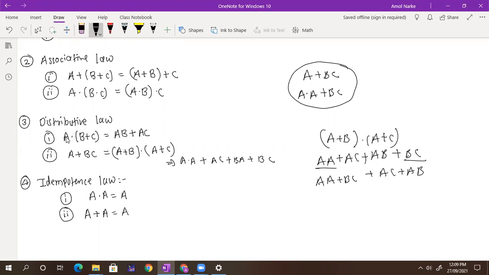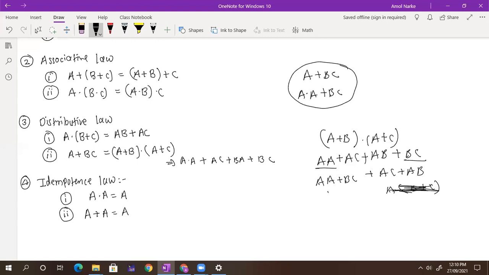Here, if I take A common out, what I am getting is B plus C. Yes or no? Here I cannot take anything common, only A, because A is equal to A. So from AC plus AB, we can take A common.